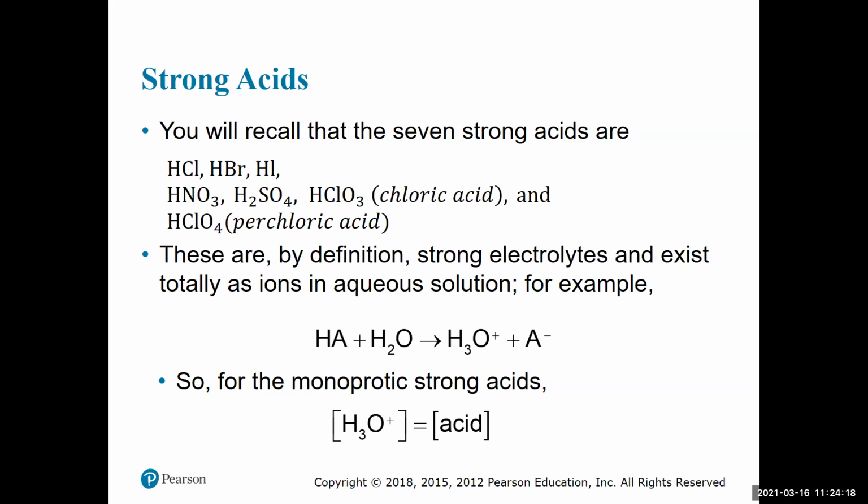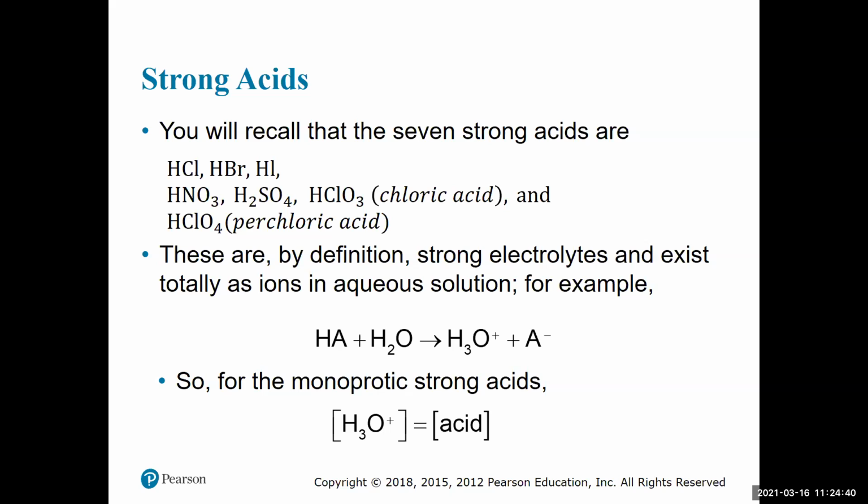And so we see a generic expression here given, HA plus H2O going to H3O plus and A minus. And so that HA is just a designation for a generic acid, a monoprotic acid. And so that proton transfers to the water. Okay, we get that hydronium ion.